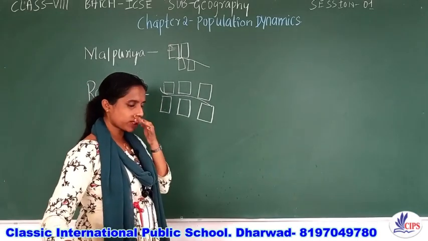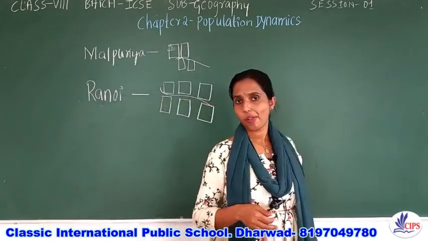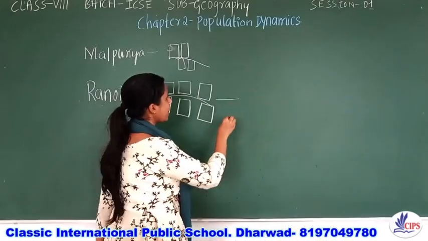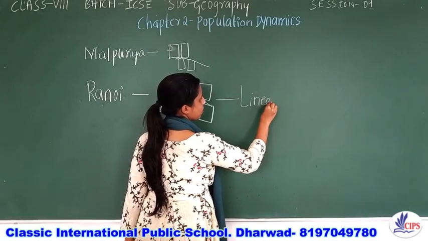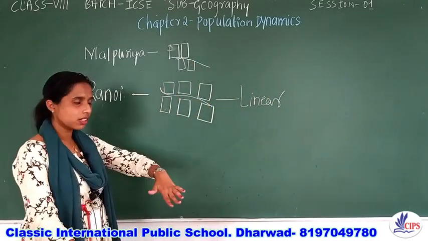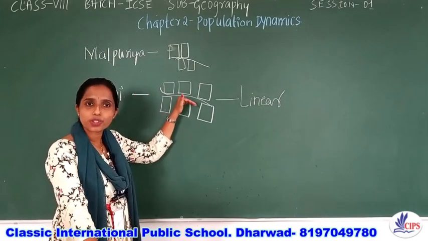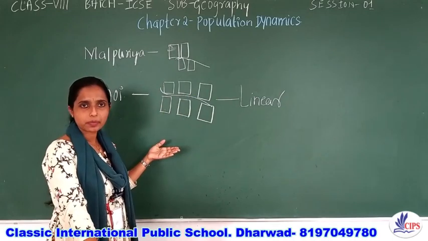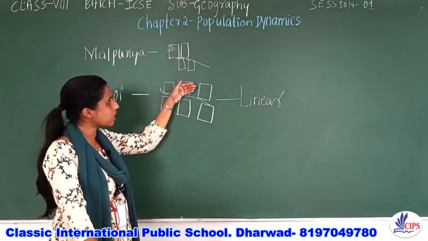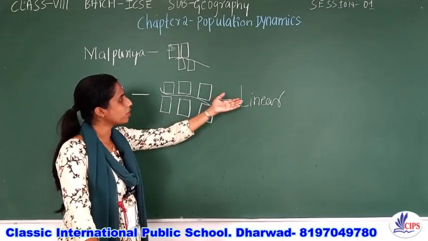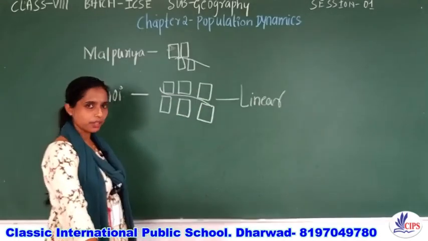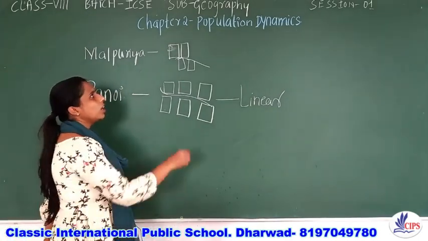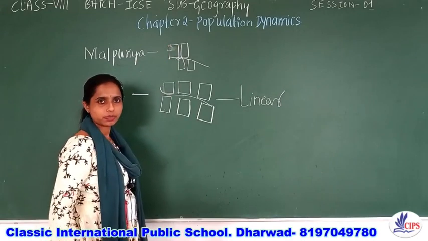Now say which kind of settlement these two are. This is the linear settlement, right? Because linear settlements come up at the banks of the river, or this may be a railway line or a road line, and on either side the settlement comes up. That is what a linear settlement is. But see the settlement at Malpuria. Not too many settlements are there.